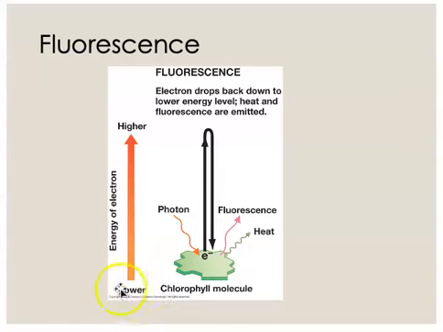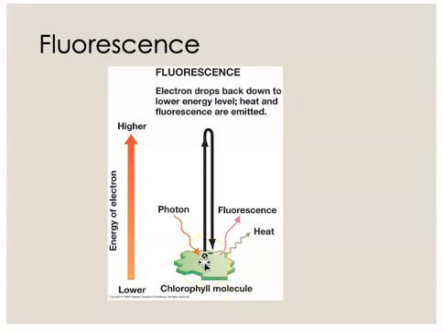This is the lower end and then the higher end. What you're looking at on the right is a depiction in green of a chlorophyll molecule. It looks a little bit like a puzzle piece, but it represents a molecule of the chlorophyll pigment, and they're showing us an electron in that pigment molecule.